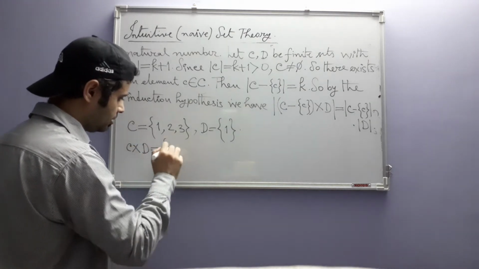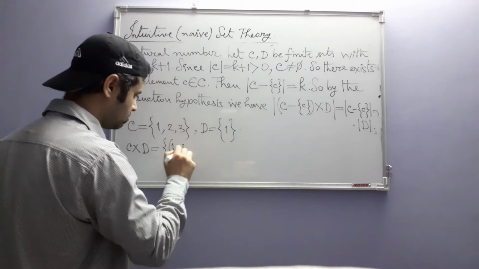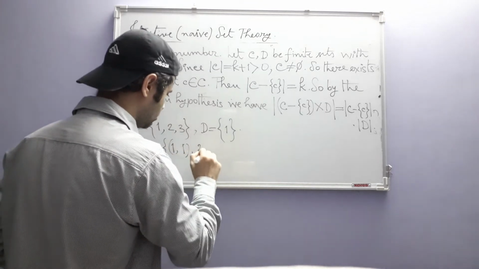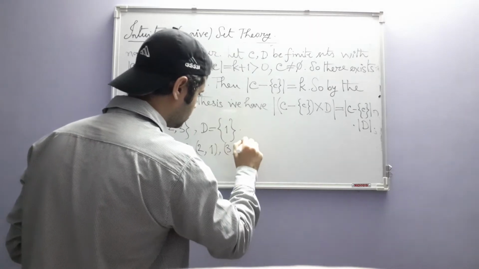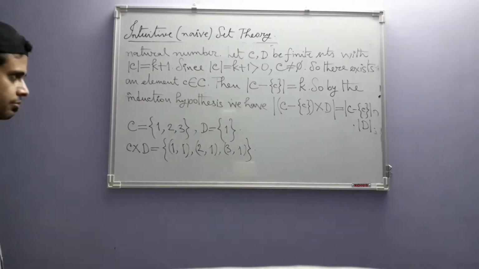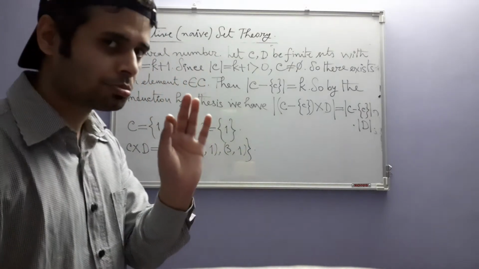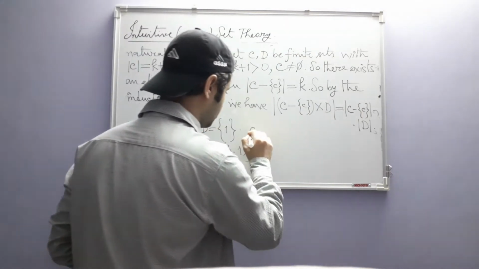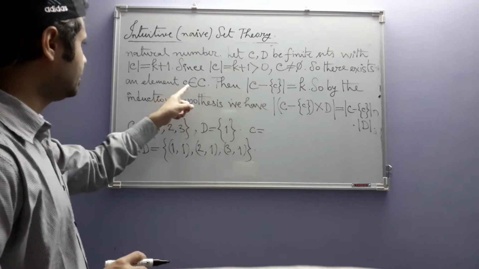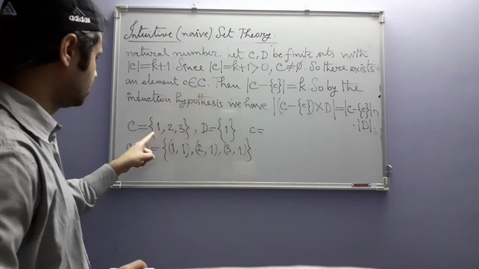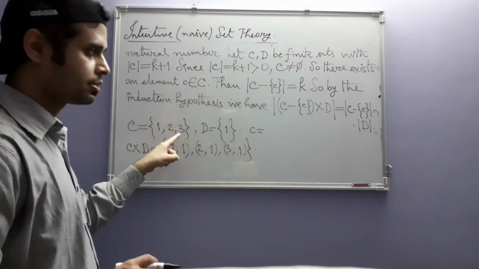We already know how to write this set down: (1,1), (2,1) and (3,1). Now small c is some element of capital C. You can choose any one of these three.